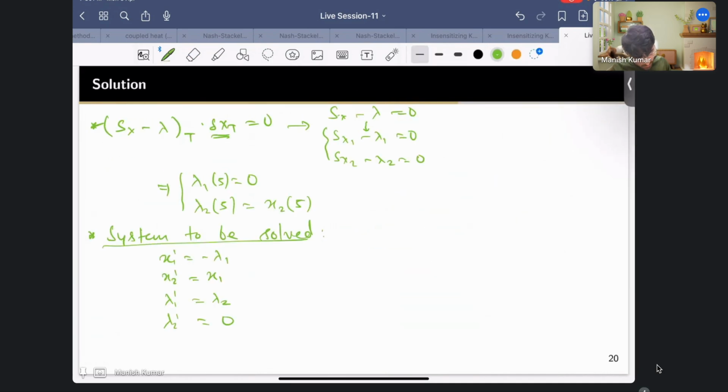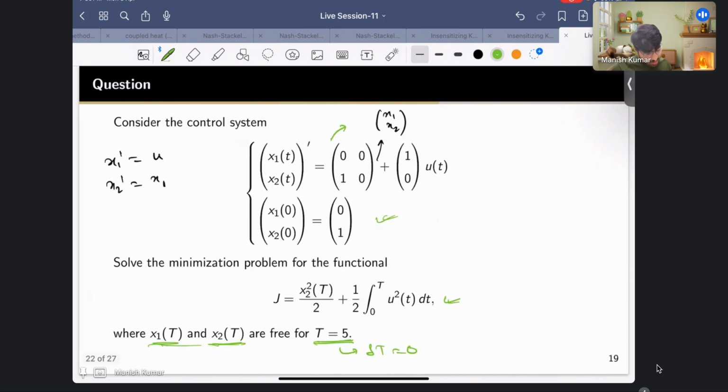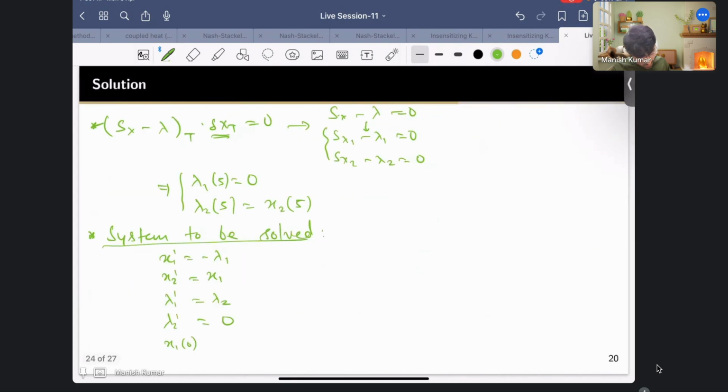And x1 at 0 is 0, x2 at 0 is 1, and we have a few more conditions: lambda 1 at 5 is 0 and lambda 2 at 5 is equal to x2 at 5.